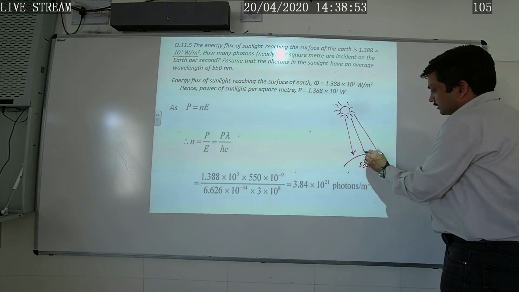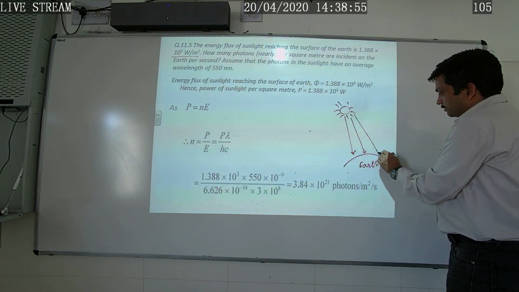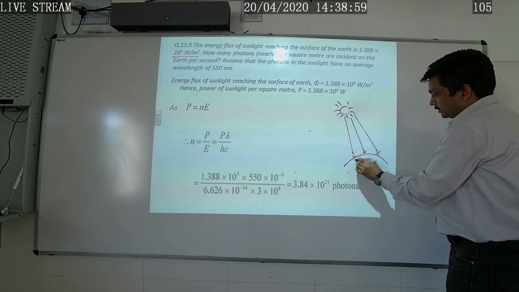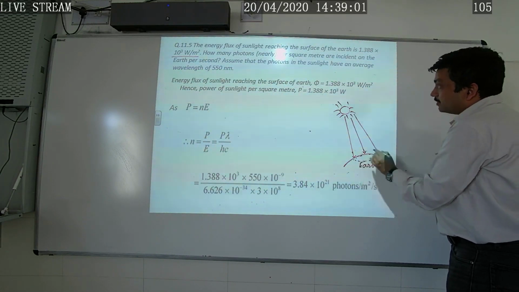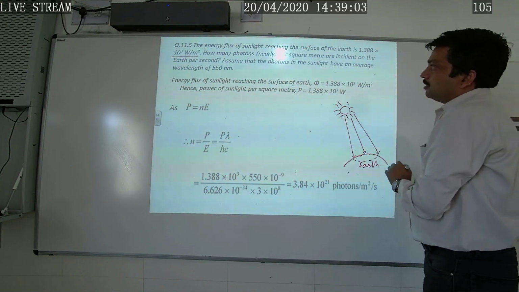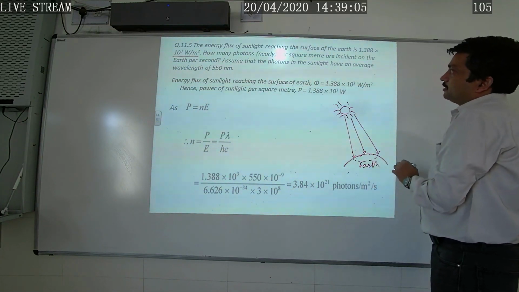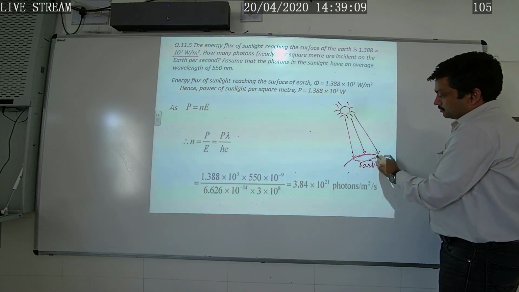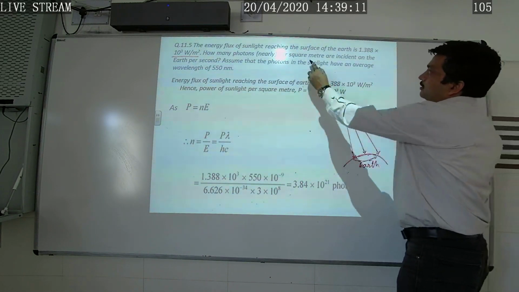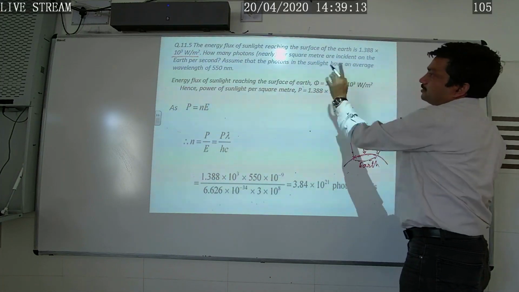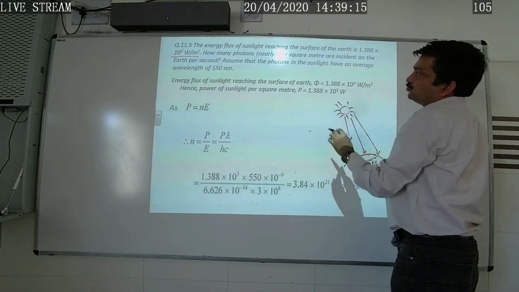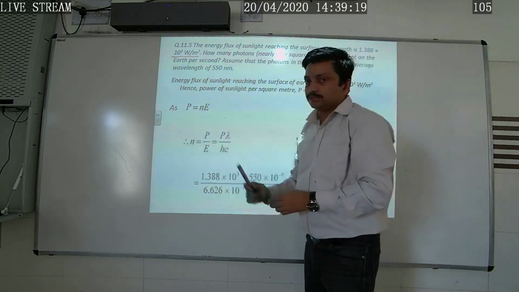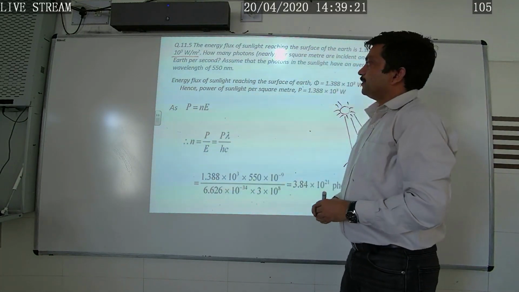Let us consider this energy flux is falling on this area in unit time. Under that condition, how many photons per square meter are incident on the earth per second? Assume that photons in sunlight have an average wavelength of 550 nanometer.